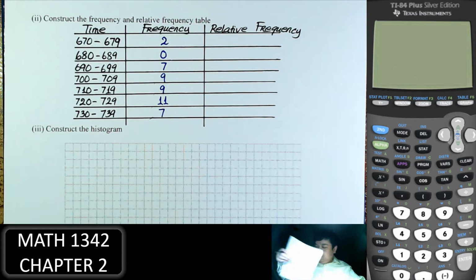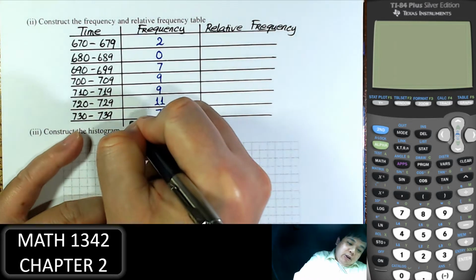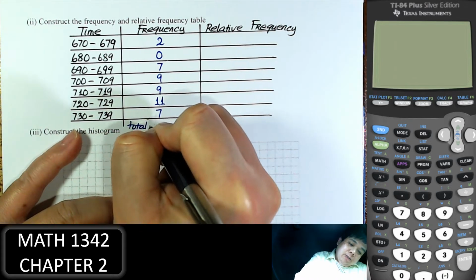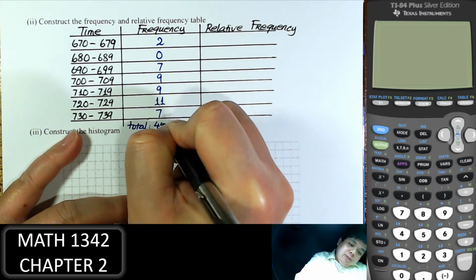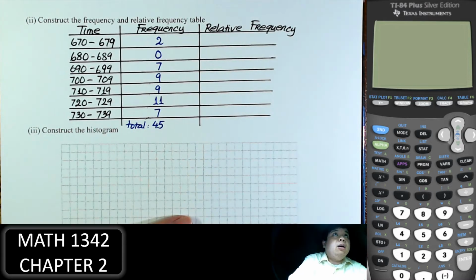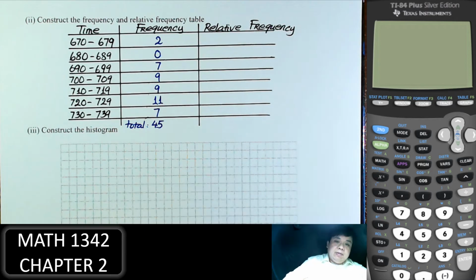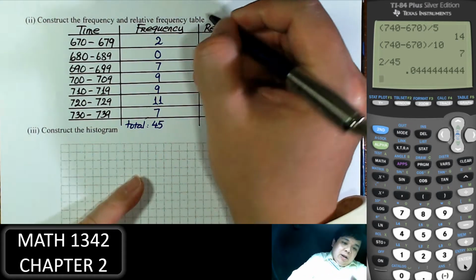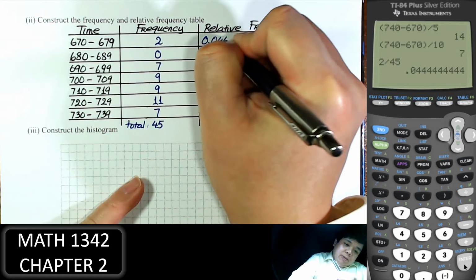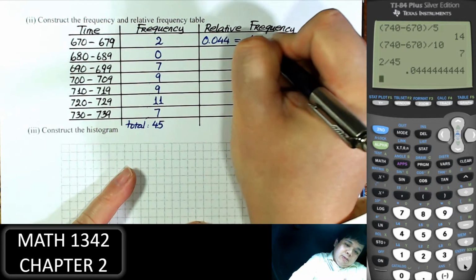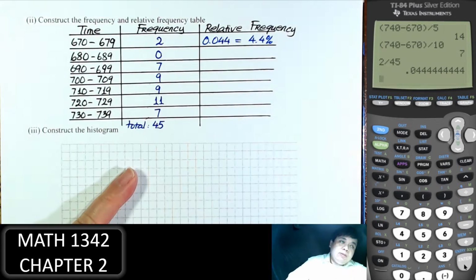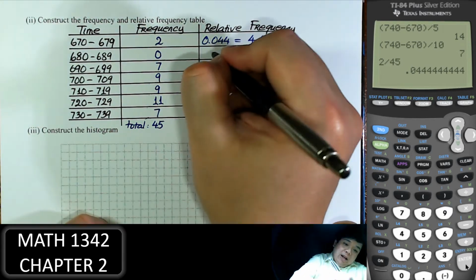And the data has 45 data points, so the total of this will be 45. And then we just divide all of that by 45. Of course, 0 divided by anything is 0.